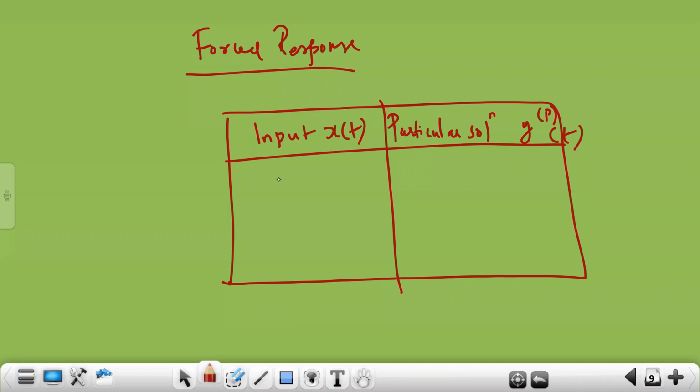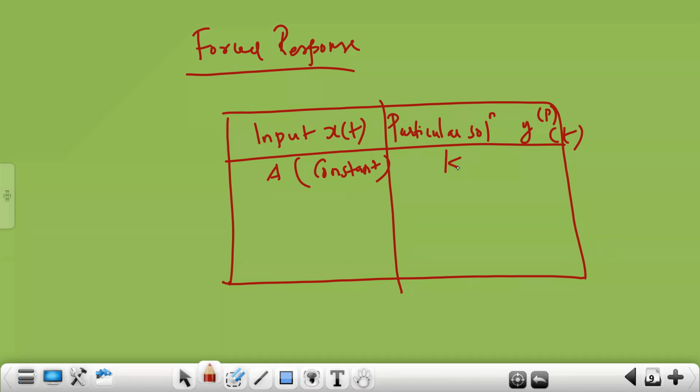For this, we are having three different cases. First case is if you are giving your input as a constant, let it be capital A, then your solution will be another constant, because the input is constant, right? So the output will also be constant.